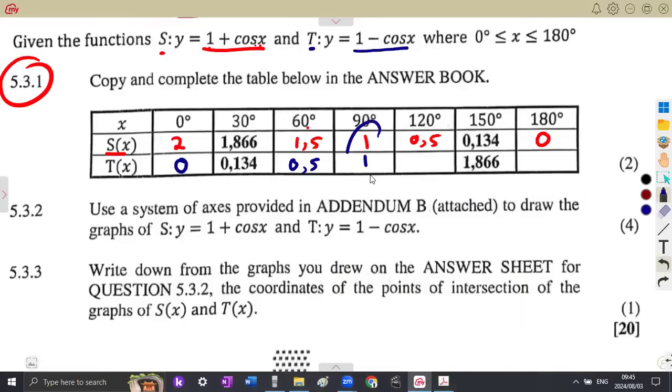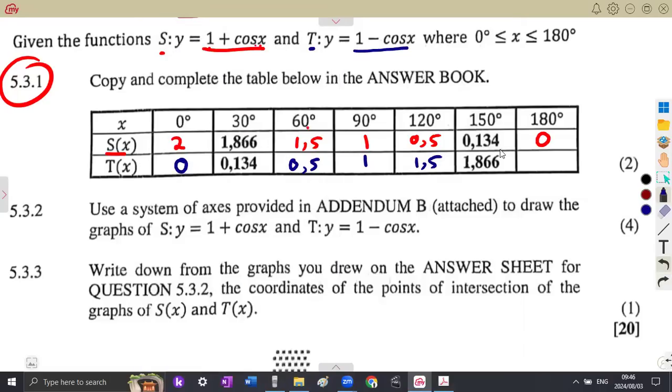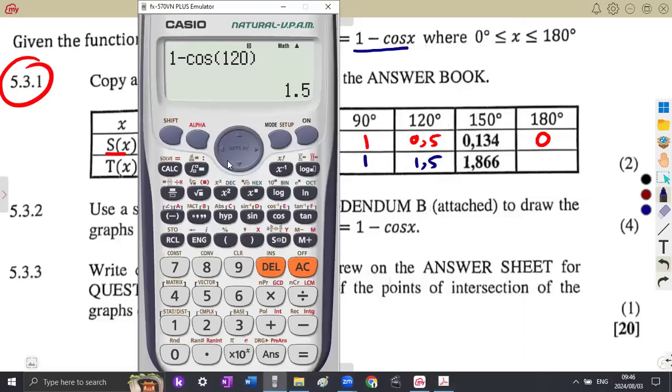Okay, that's the point of intersection. This one you can see when it is like that. All right, 120. You do the same thing. That's 3 over 2, which is 1.5. At 180 degrees, you're going to do the same thing. That was going to be a 2.